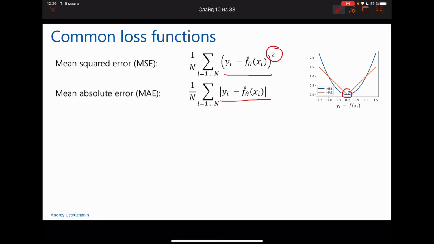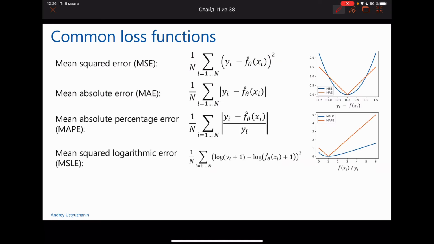So the mean absolute error might be more appropriate when you have noticeable and unwanted outliers. Also, there is a mean absolute percentage error, which looks at the relative error.